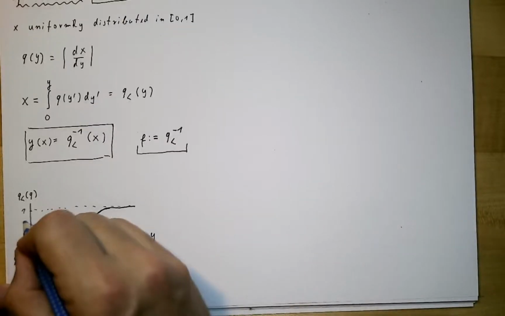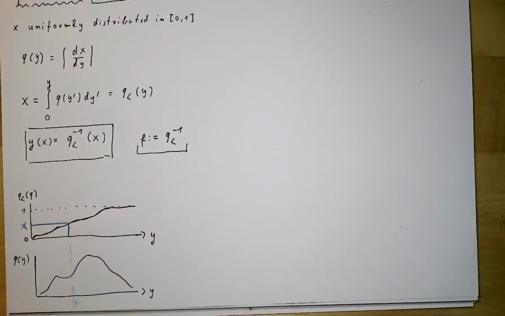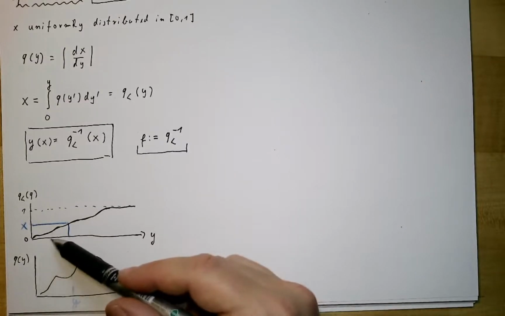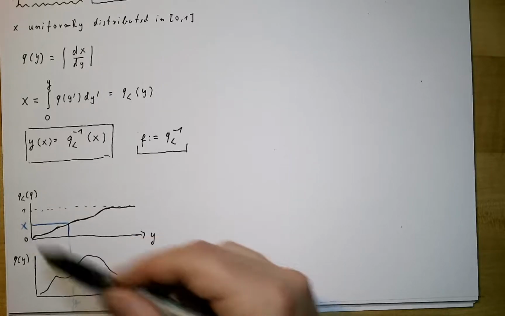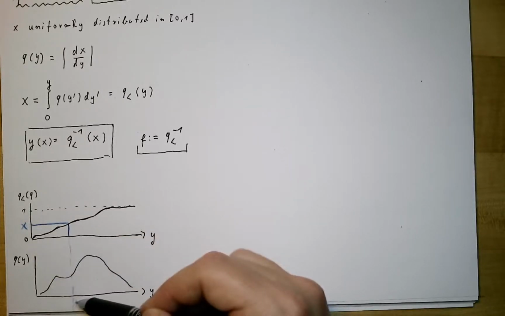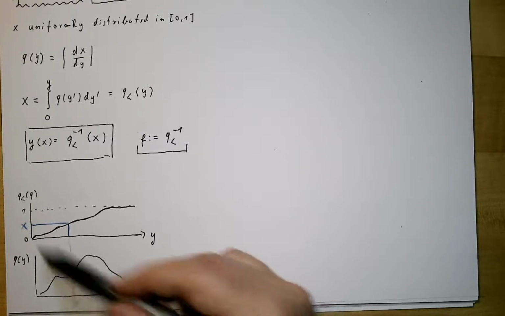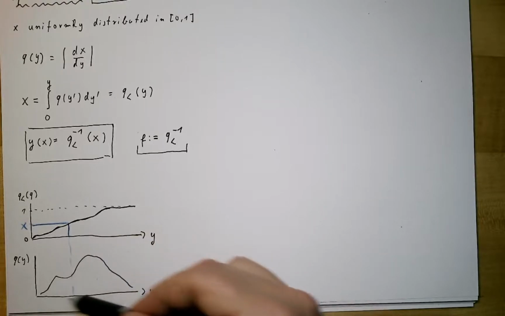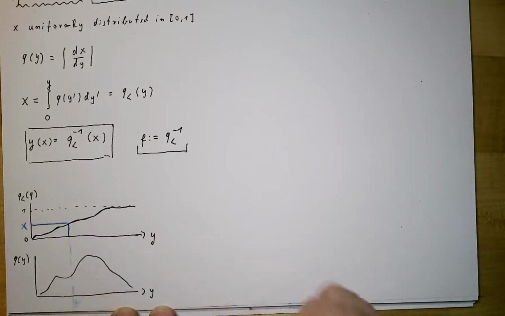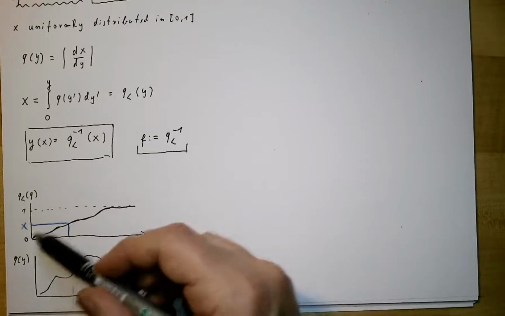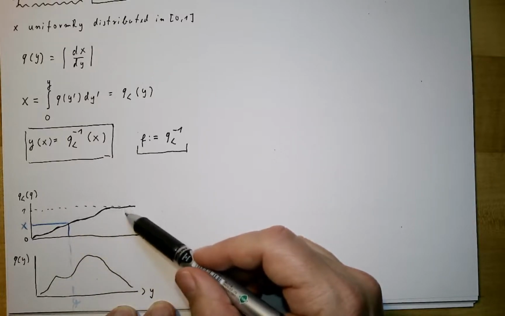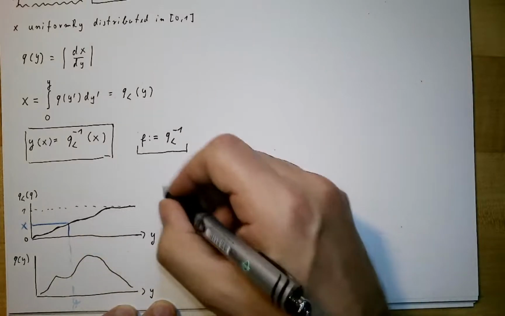So that's graphically how you find the function you need for the transform between two variables, so that the uniform distribution is transformed to some general arbitrary distribution. And so what we also see is that all values of the cumulative distribution in general are uniformly distributed.